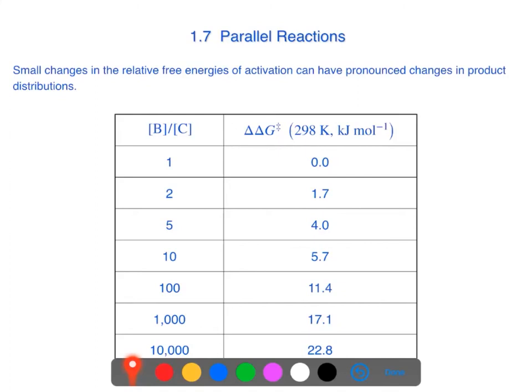And I should point out once again that this holds true so long as the parallel reactions are irreversible. If they're not irreversible, then we don't have as strong of a correlation between the delta delta G's and the product distribution. And we'll discuss that in the next section.